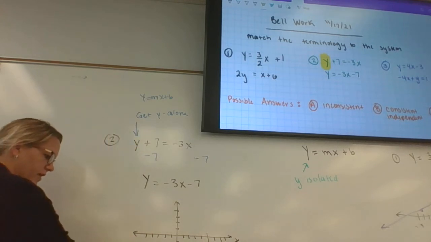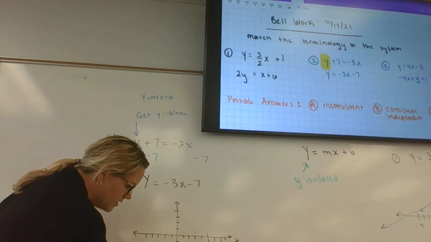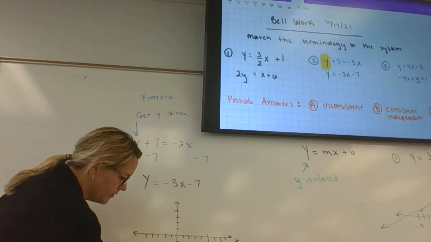So for this graph, I would start down at -7, go down 3 over 1.